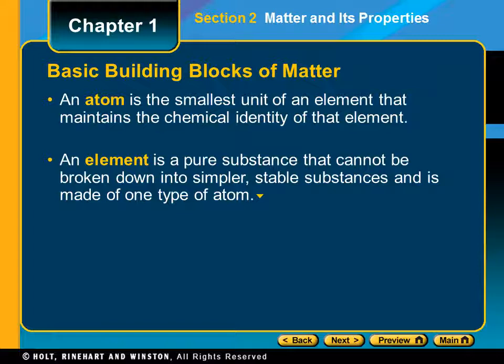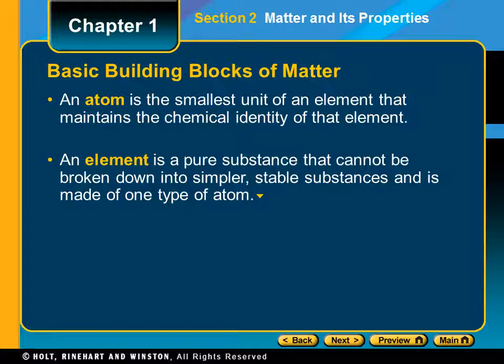You can split gold down and split it down and split it down until ultimately you get an atom of gold, not an atom of A and an atom of B that make gold. That's the definition of an element. And there are lots of things that we probably don't think of as being elements, like silver and carbon and oxygen, but more to the solids and the metals, aluminum, lead.